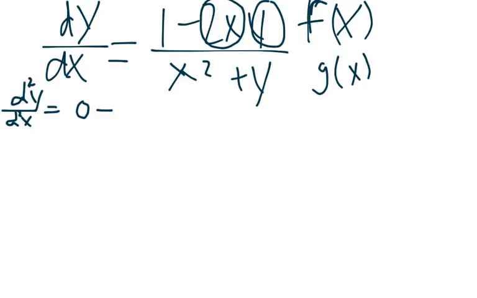Hence you get negative 2y plus 2x times dy over dx. You can just ignore the 0. So you get negative 2y plus 2x dy over dx, and you just do g of x.